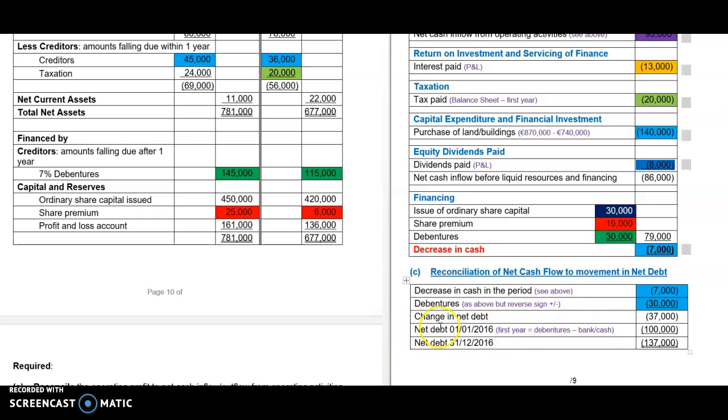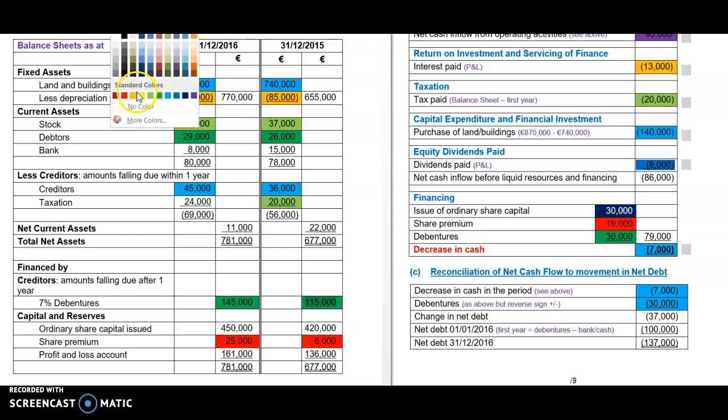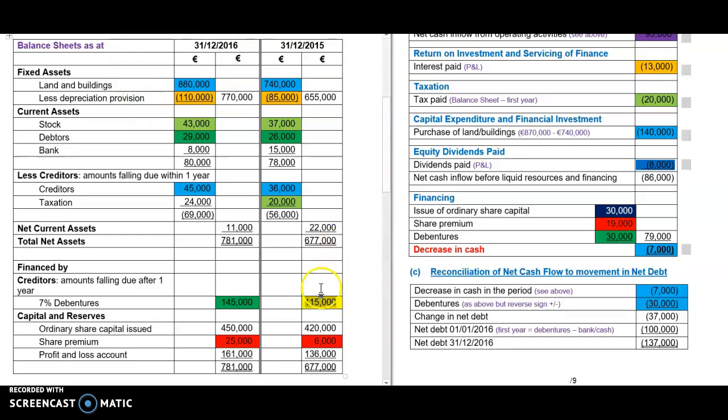Our next entry, net debt on the 1st of the 1st, 2016. So what we have to do here is we go to our first year, 2015, we look for debentures. So debentures here in the first year is €115,000. And what we have to do then is subtract any money that the business has in the bank or in the form of cash. So obviously, to find those figures, we have to go to our current assets.